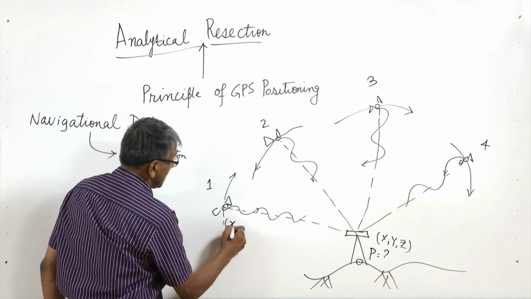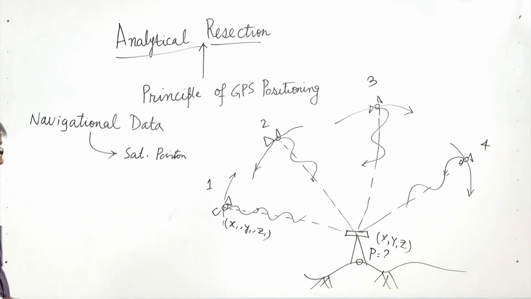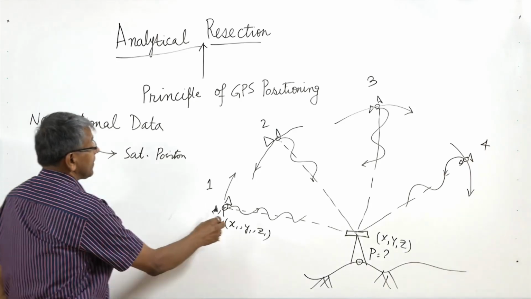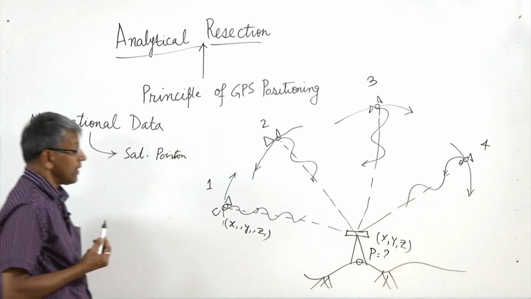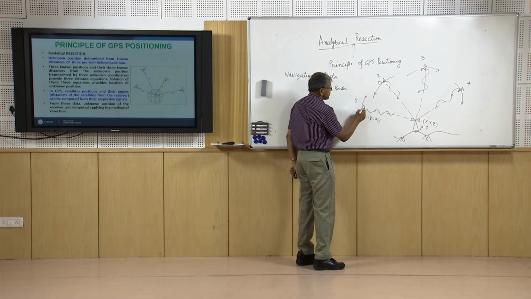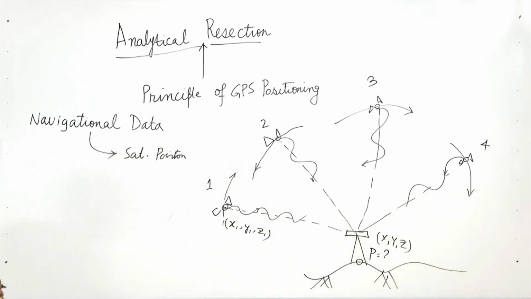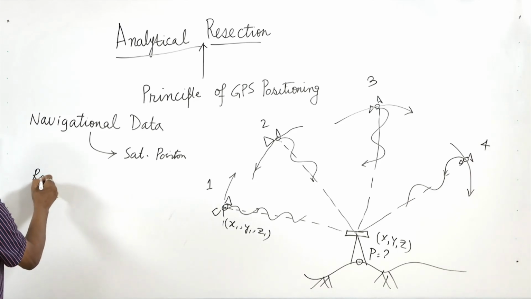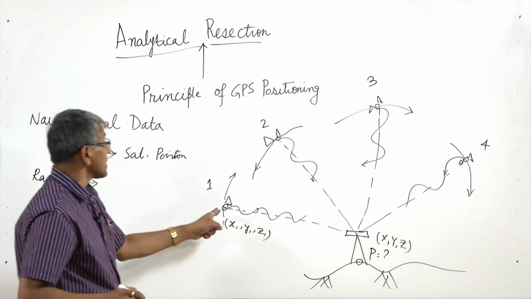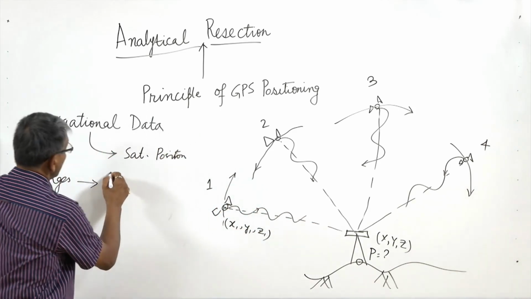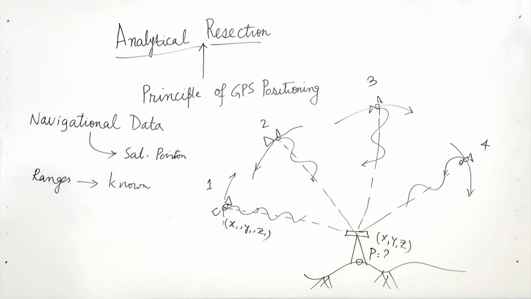Suppose the location of satellite 1 is x1, y1, z1, and also from the time of transmission of the signal from the satellite to the receiver, the range between the satellite and the receiver at that instant of time is also known. So the ranges, that is the distance between the satellite and the receiver, are also known once the signals are received from the GPS satellites.